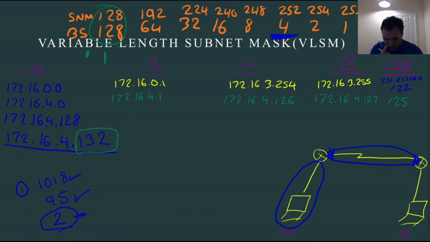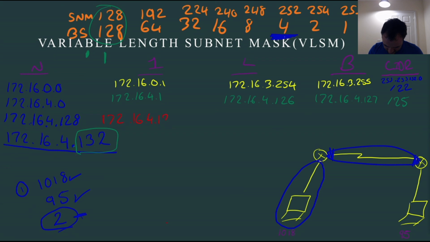And then we've got our last network, where our next network number is 132, so our broadcast is going to be 131. Let's just choose a different colour, yellow. Oh, I already used yellow. It's like I'm randomly choosing. 172.16.4.129.